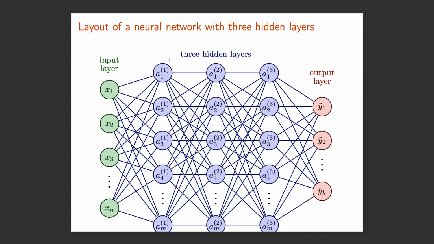So the superscript 1 here refers to the hidden layer, and the subscript refers to the specific node which you have. So this is the output. This output is then fed into the next layer, and this produces a new output to the next layer, etc., etc. And you can have a network which is very deep, or you can just have a shallow one.